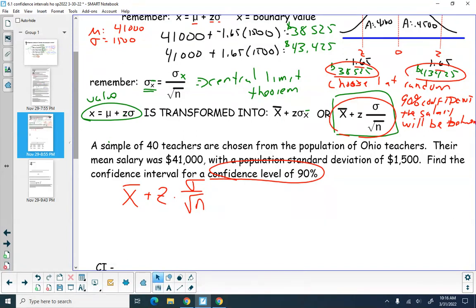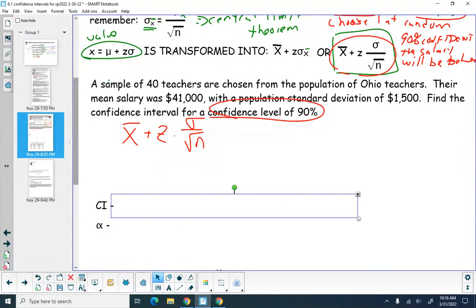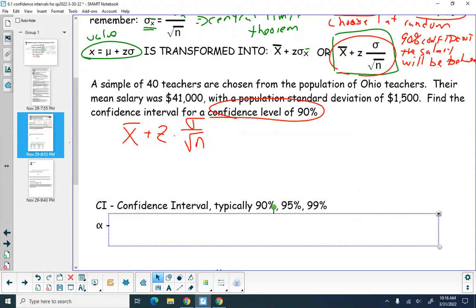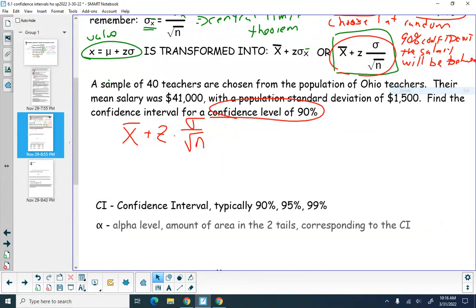I'm going to go down further before we come back to this. When you talk about a confidence interval, those confidence intervals are typically in the 90% range, 95% range, or 99% range.